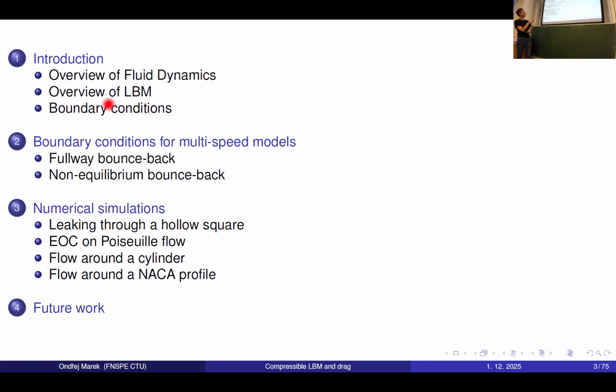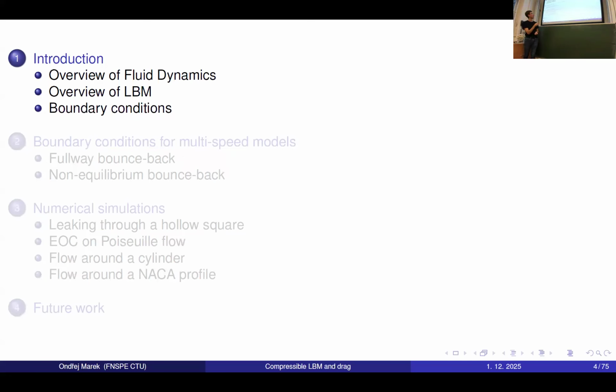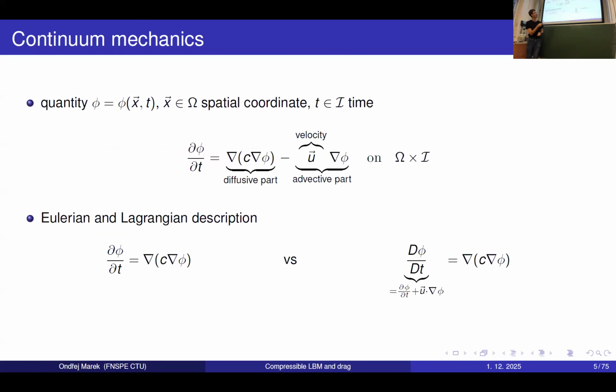And then I will talk more about the boundary conditions for the model I was using for compressible fluid flow. There are some complications to it, as we will see in section 2. And then I would like to present the numerical results on multiple cases, some convergence studies, and the studies for the drag coefficient.